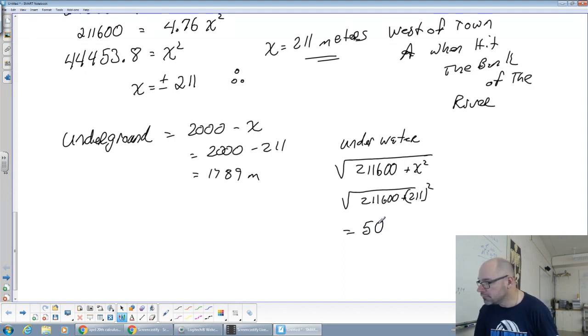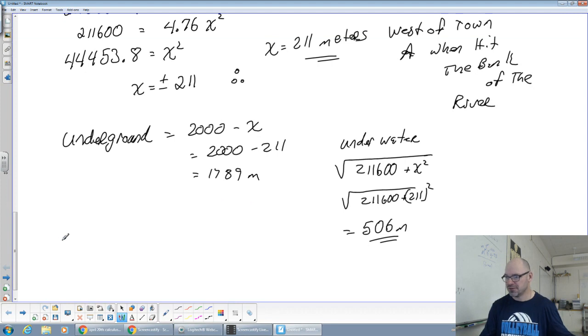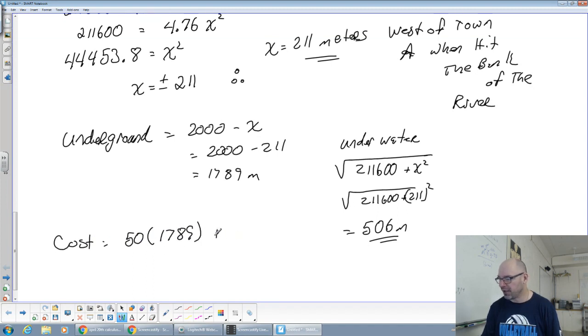So 506 meters went underwater. If I ask for the cost, this would be 50 times 1789 plus 120 times 506, which gives $150,170.